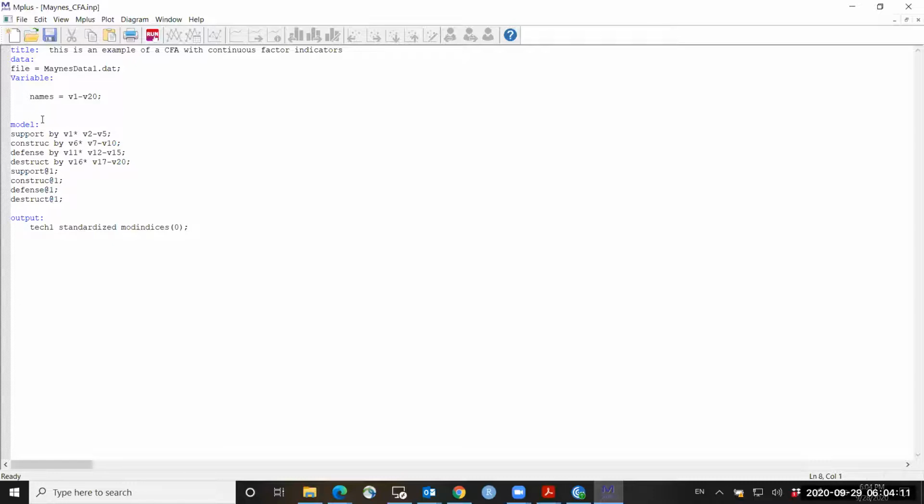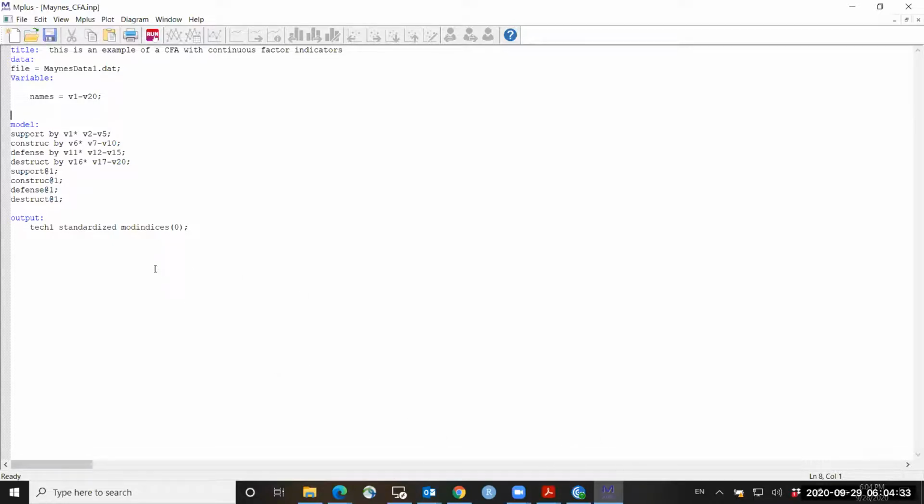I didn't put an analysis statement saying which estimator I'm using, which means that the default kicks in for maximum likelihood. I'm also not saying that I have categorical variables, meaning that the default is that all these are continuous. And indeed, I simulated them as continuous.